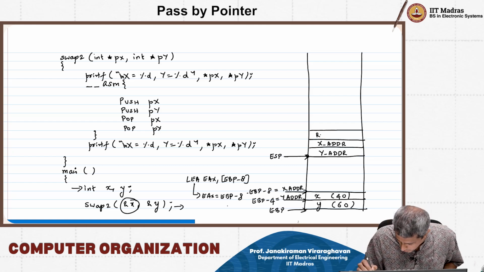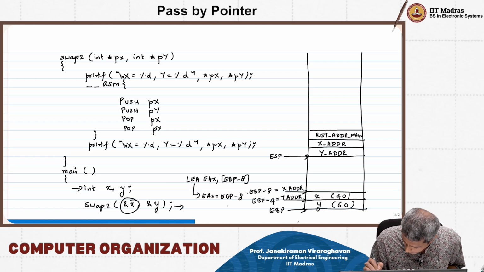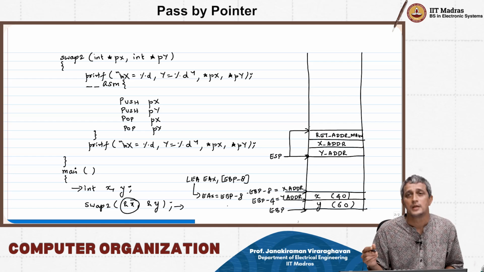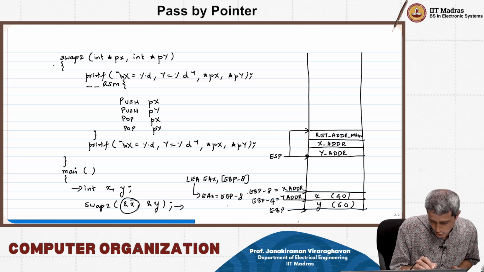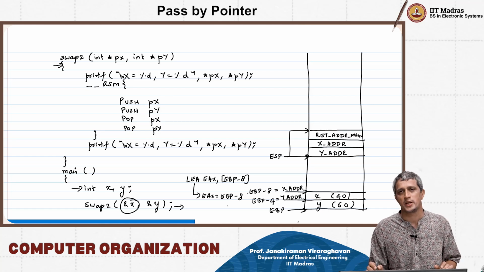That is what, so return address in main, whatever that return address is, right? So that's where your ESP will point when you enter the swap2 function. Okay, ESP will be pointing here. What do you do?